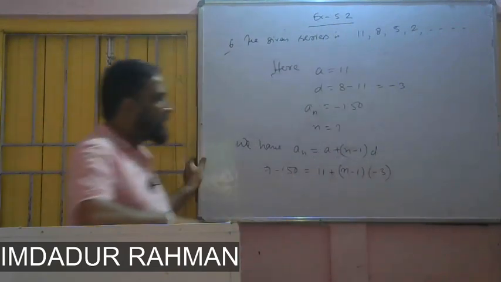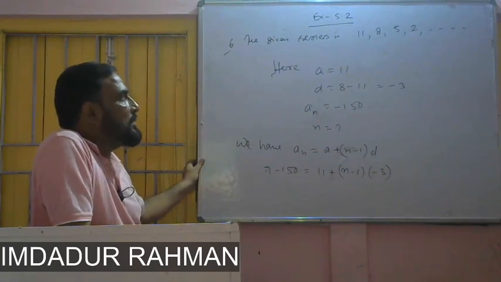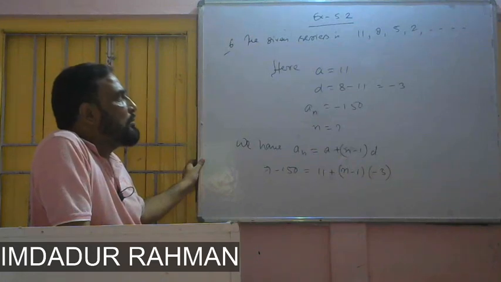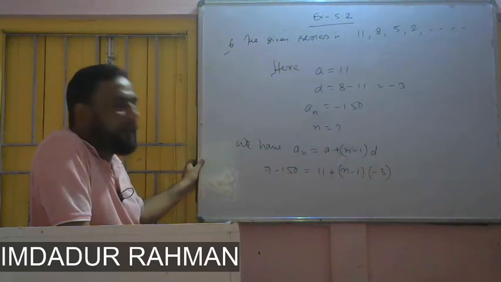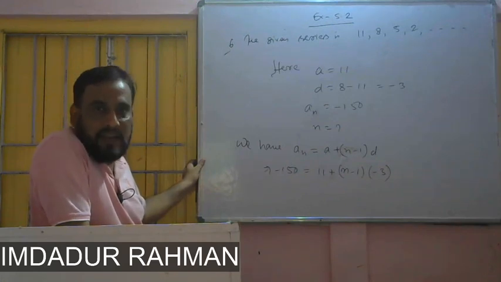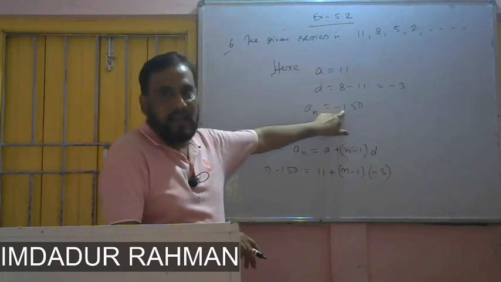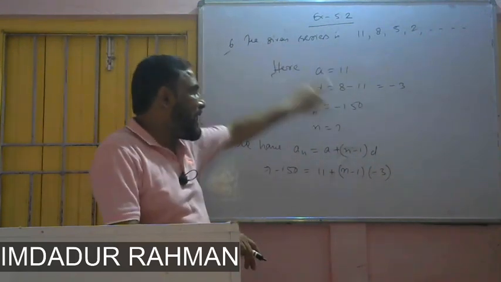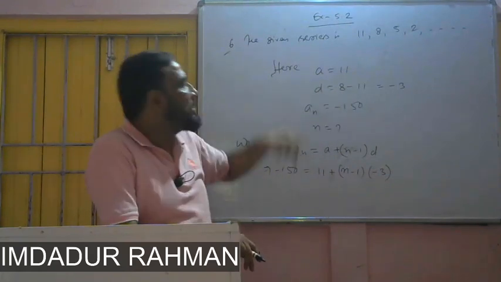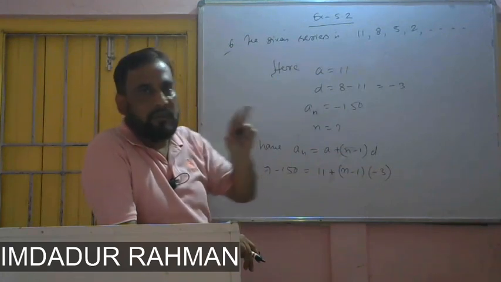Just to see: A is 11, D is 8 minus 11, that is minus 3, a_n is equal to minus 150, and we don't know n, we are finding n. If the value of n is a positive whole number, then we can say that minus 150 is a term of this series. If n is negative or a fractional number, then minus 150 is not a term of this series.